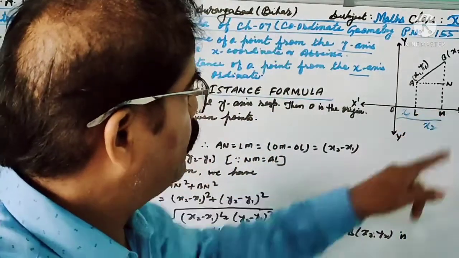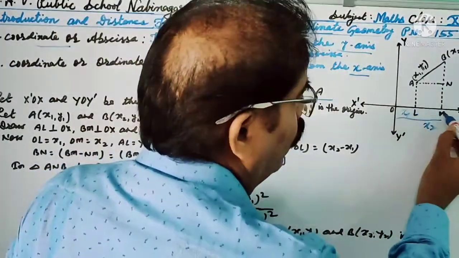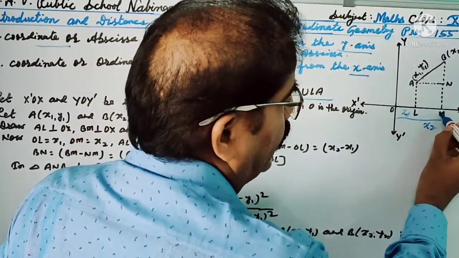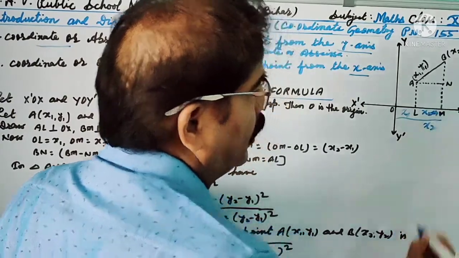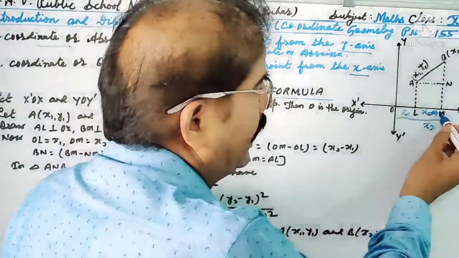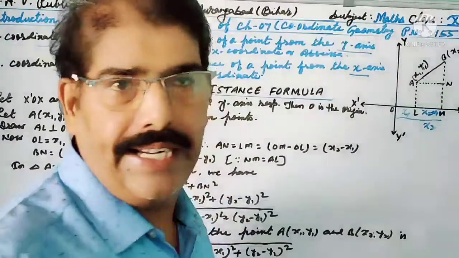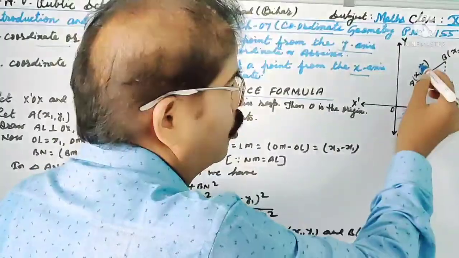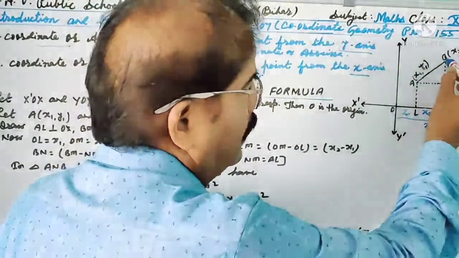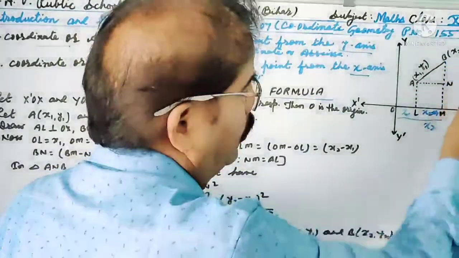So LM equal to OM minus OL, that is x2 minus x1, and LM equal to AN, and AL equal to y1 and BM equal to y2.